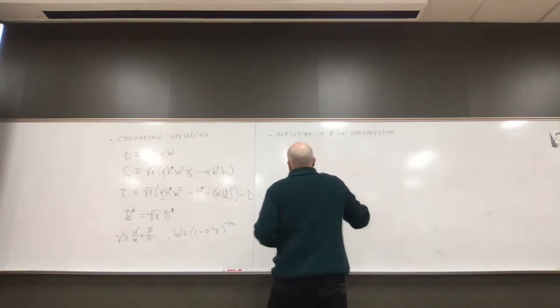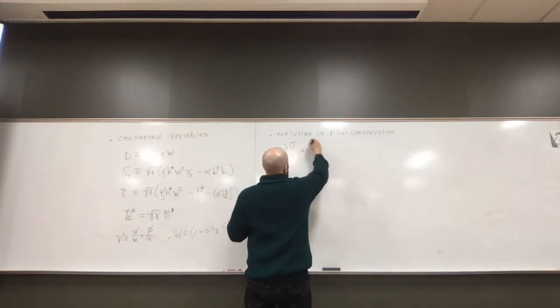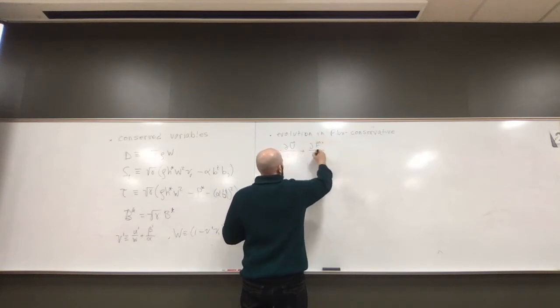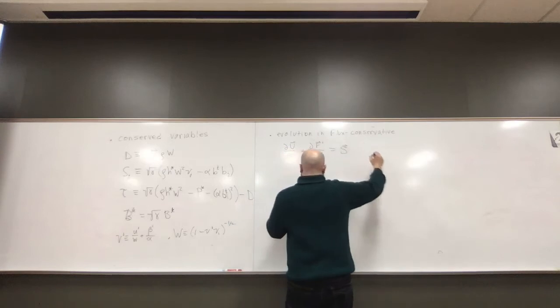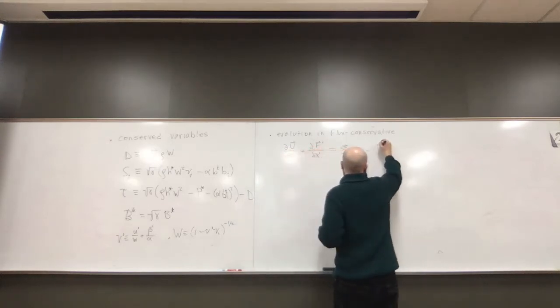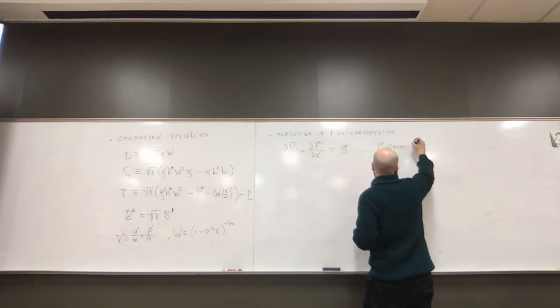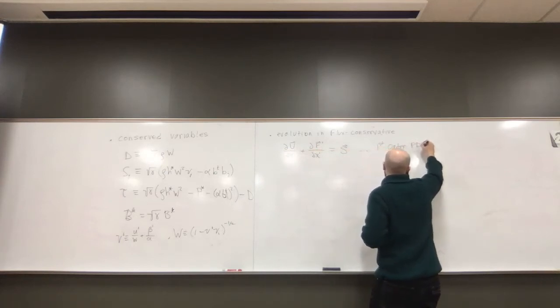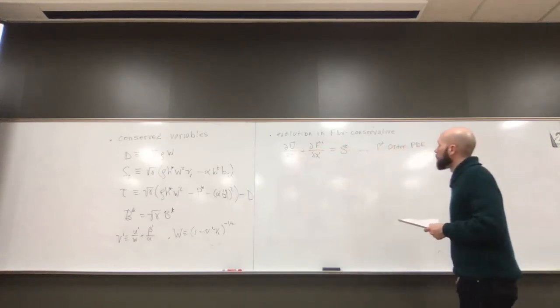And so that looks something like this, where we've got partial of some solution vector with respect to time plus partial of some flux vector with respect to space, x^i, is equal to some source term vector. And the nice thing about that form is that it's a first order PDE. We know how to solve those.